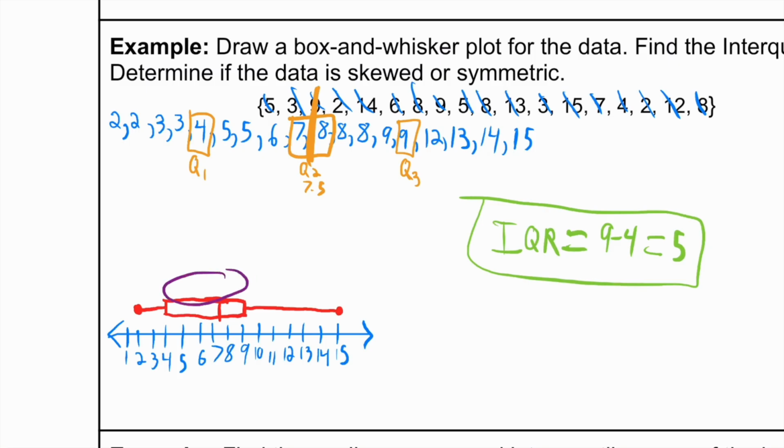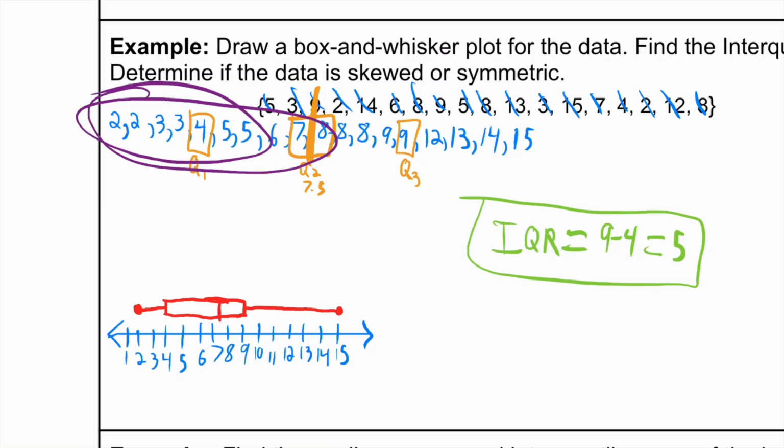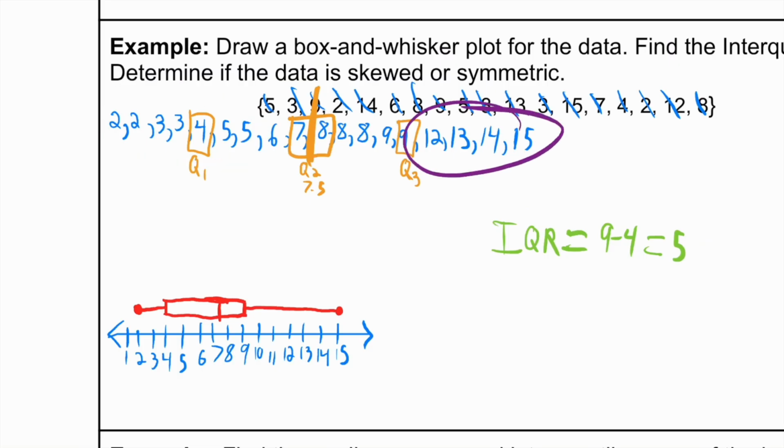And the box is much closer to the left whisker than the right whisker. That's because it jumped so much from 9 to 12, and so many of these numbers are so much smaller than the few that are bigger. And so because of that, we would say the data is skewed.